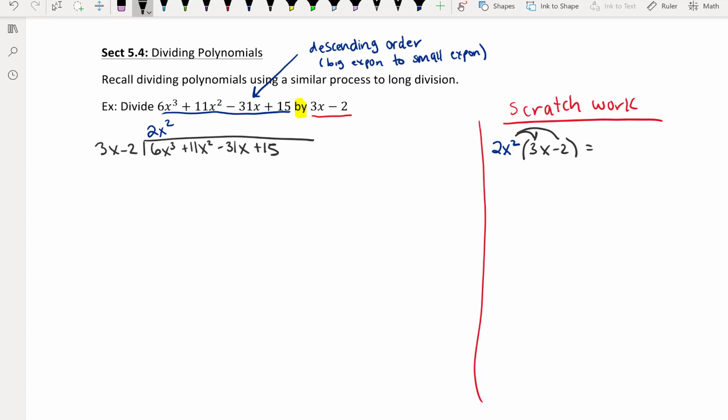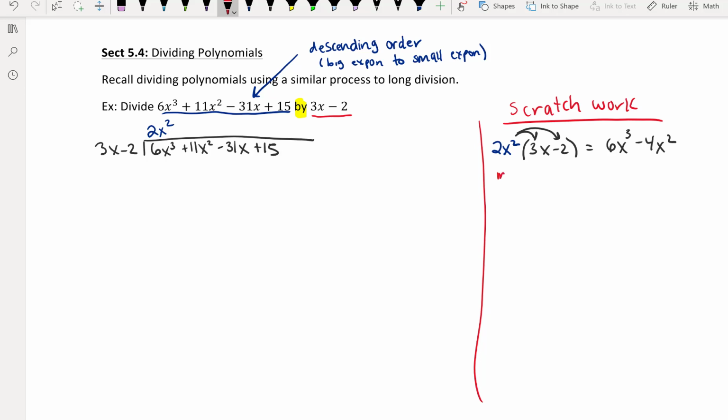So when I distribute and multiply, I'm going to get 6x cubed minus 4x squared. And of course, because the next step is subtraction, I'm going to deal with that now and multiply this entire thing by negative.